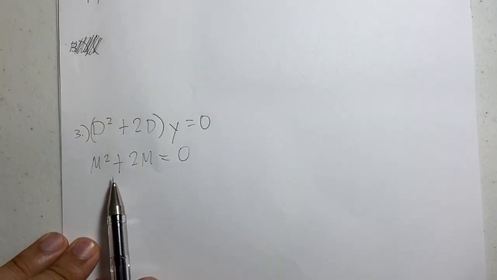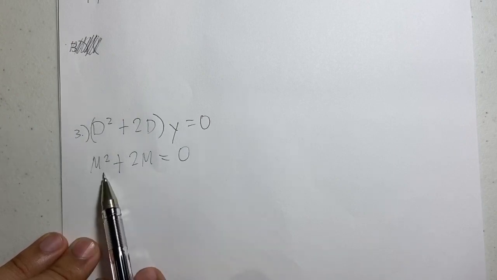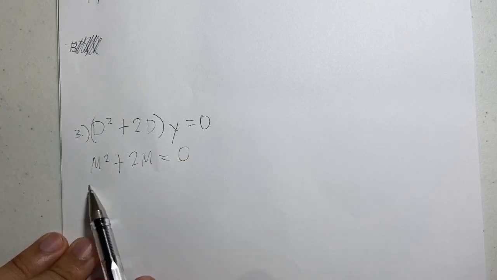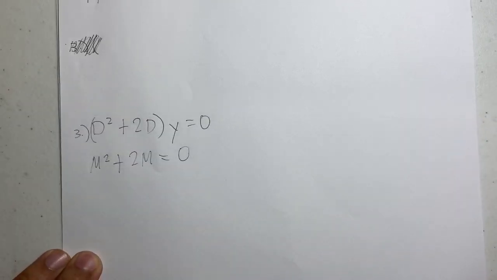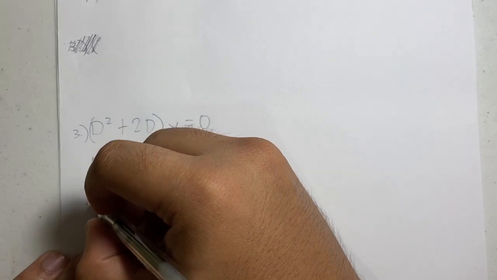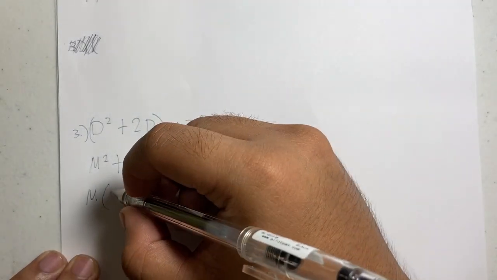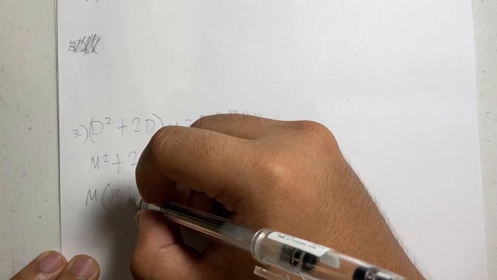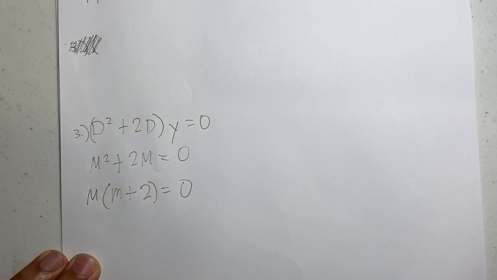Now that we have this equation, we will also find the roots in this form. So now I can factor out m in our equation. So m times (m plus 2) equals 0.